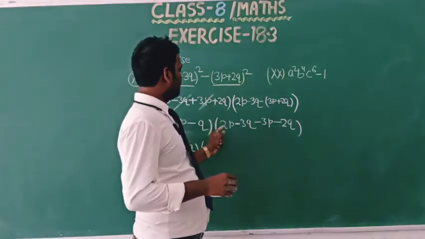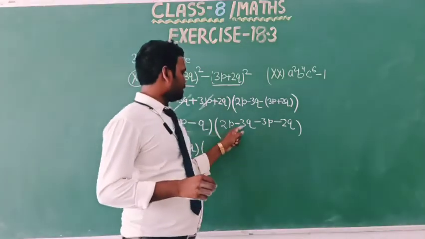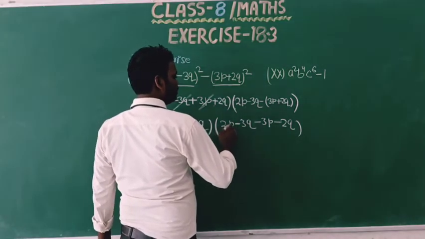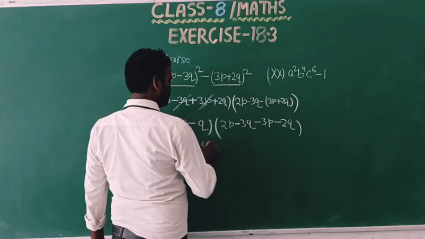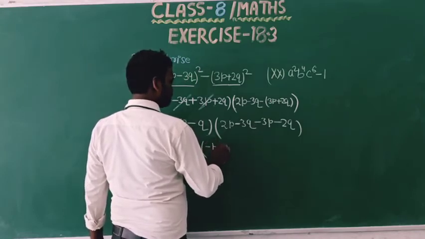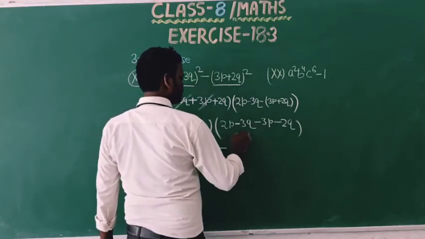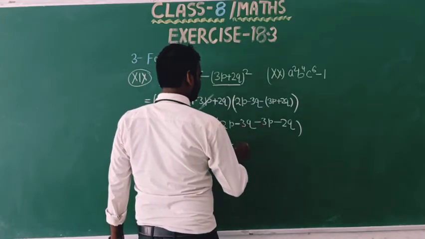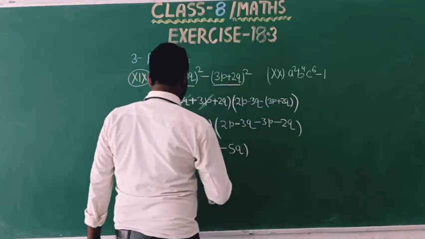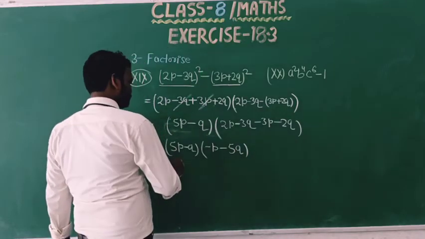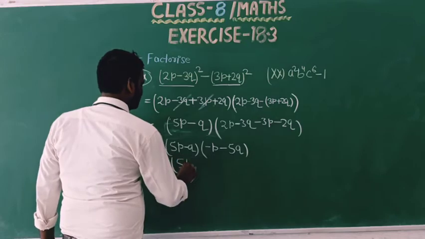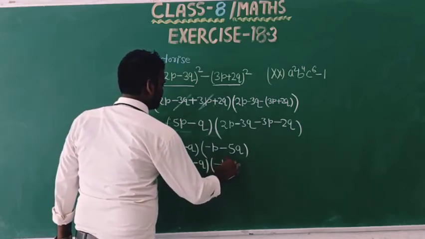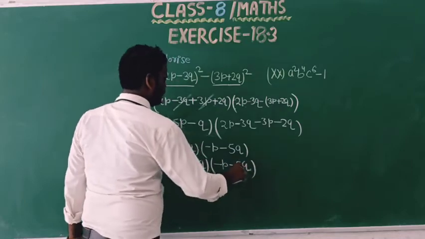This is 2p minus 3p, so this is minus p, and minus 5q. Okay, so this is (5p - q) and (-p - 5q).